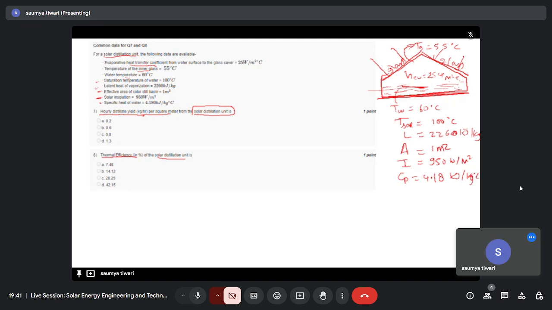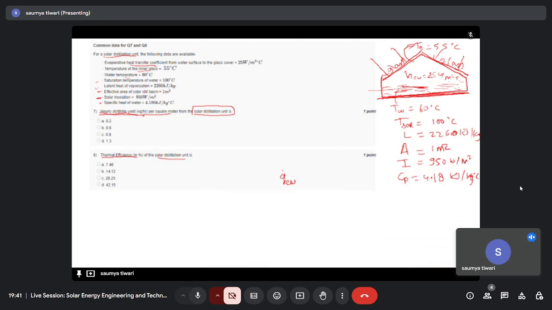Now we have been asked what will be the hourly distillate yield. Okay, so we know that whatever rate of heat is utilized to basically evaporate this water, let's say it's QEW. This is actually the rate of heat transfer required to evaporate this water.